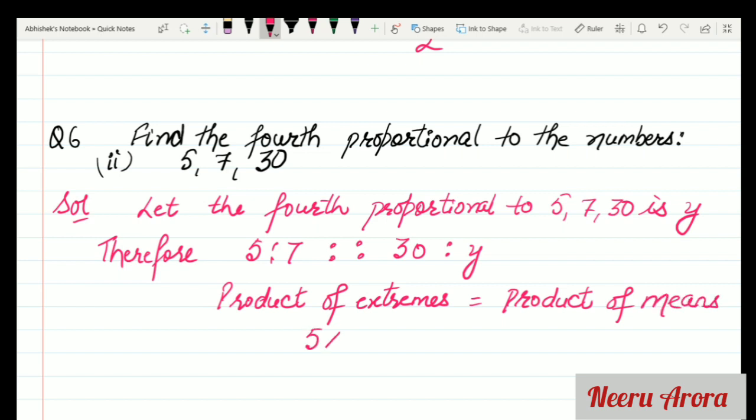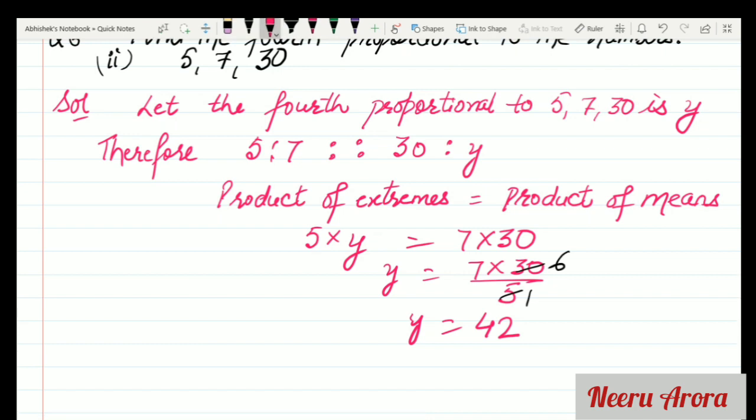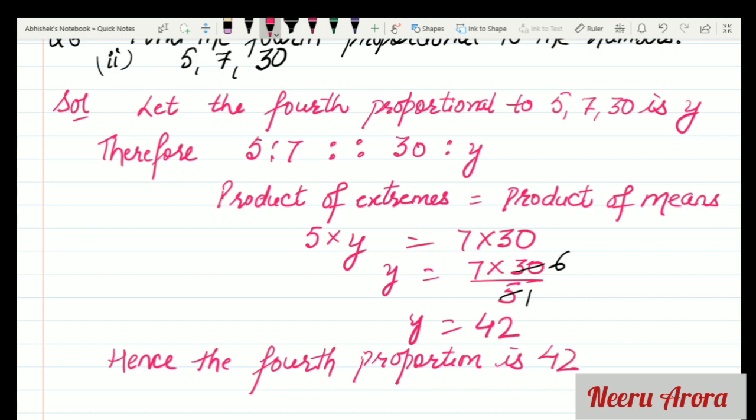So 5 into y is equal to 7 into 30. So the value of y is 7 into 30 upon 5. 5 ones are 5, 5 sixes are 30. So the value of y is 42. Hence the fourth proportional is 42. I hope it is clear to you. Thank you.